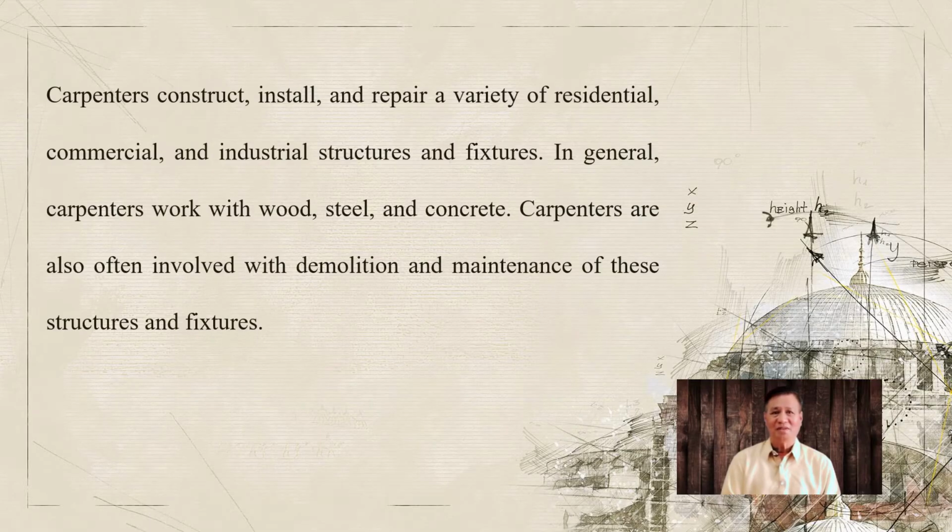Carpenters construct, install, and repair a variety of residential, commercial, and industrial structures and fixtures in general. Carpenters work with wood, steel, and concrete. Carpenters are also often involved with demolition and maintenance of these structures and fixtures.